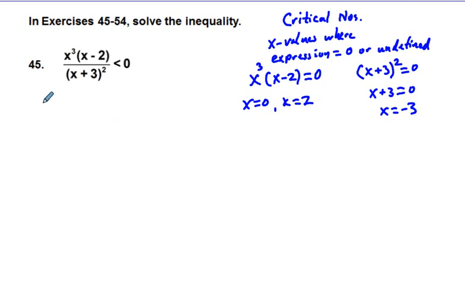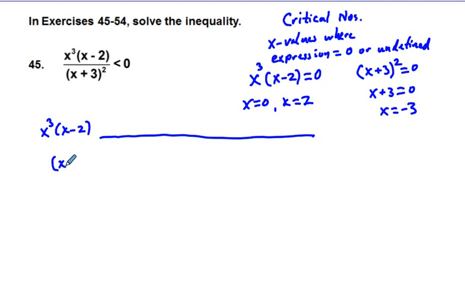So first, for the numerator, I'm going to say x cubed times quantity x minus 2 and draw out a number line for that numerator, and then also for quantity x plus 3 squared for the denominator.